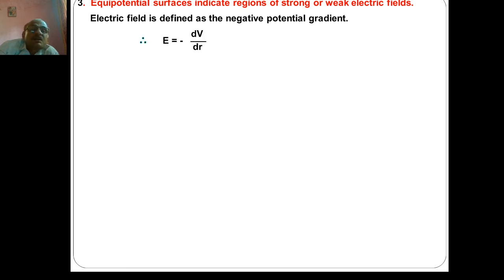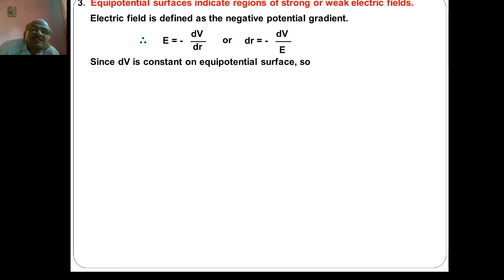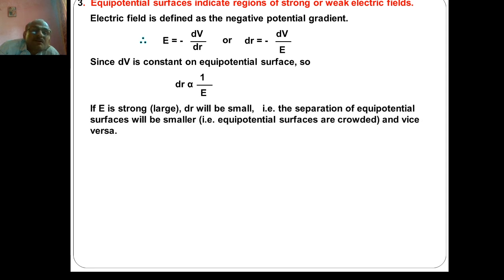Since E equals minus dV by dr, dr equals minus dV by E. For equipotential surfaces, dV is constant, so dr is proportional to 1 by E. If E is strong or large, dr will be less, that is, the separation of equipotential surfaces will be smaller. And if E is less, dr is more.